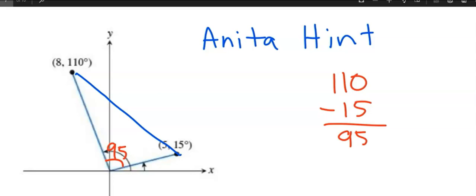Alright, now. Do you know any of the sides of this triangle? Oh, we know the magnitude of that and the magnitude of that, right? Because polar form tells me the length of that, the radius. That's the hint I'm giving you, and now you need to do it yourself.